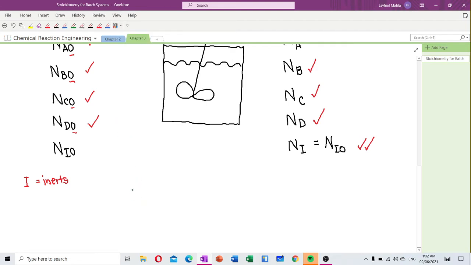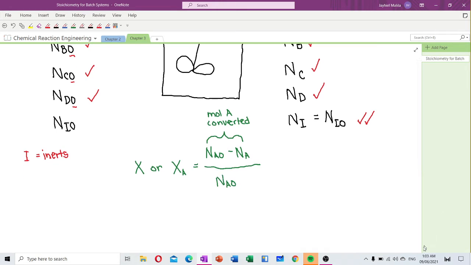Recall that the equation for conversion, xa, or you can just write it as x, because in the entire derivation we are going to base everything on A. Recall that xa is just basically the difference between the initial A minus the final A. This difference actually indicates the moles of A converted, and then this is over the initial value of A.